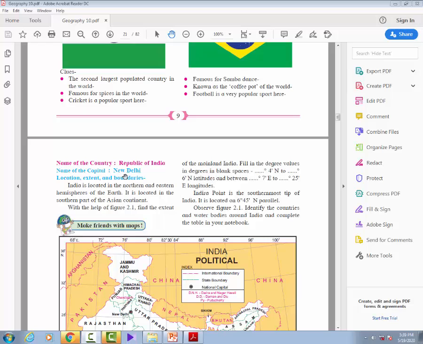Okay, before moving further, I would like to share one more piece of information with you, that is Republic of India. What do you mean by Republic? Republic means the supreme power is vested in the hands of the people. People of India are sovereign.